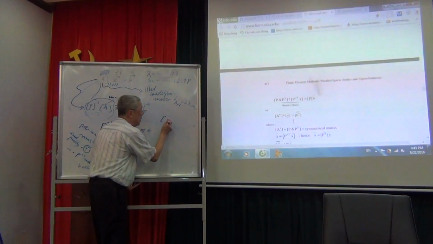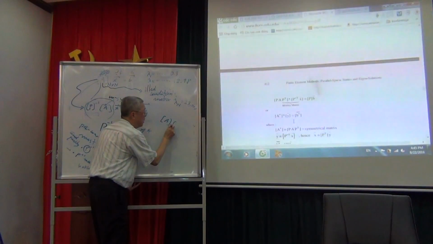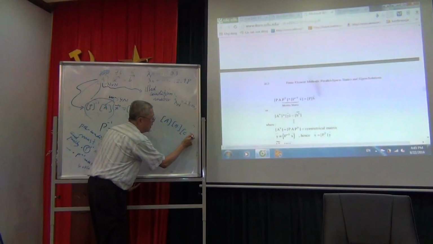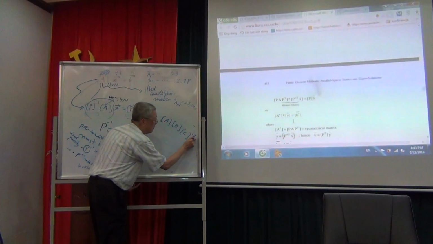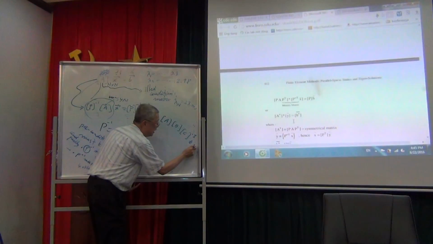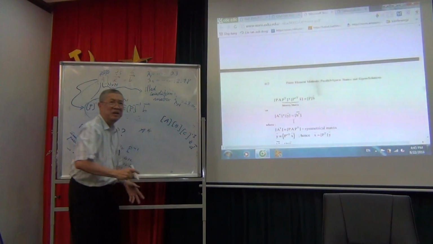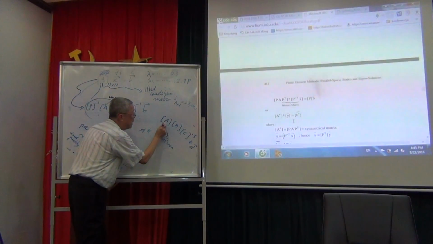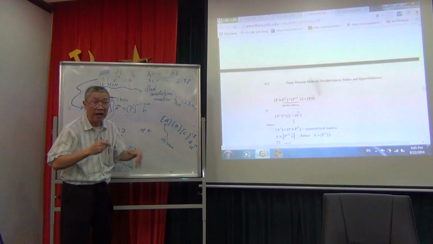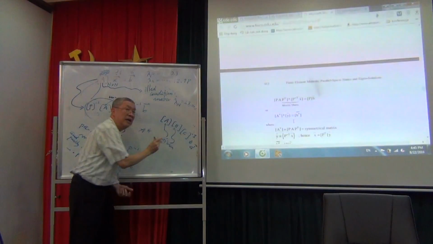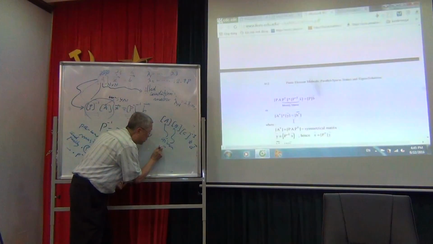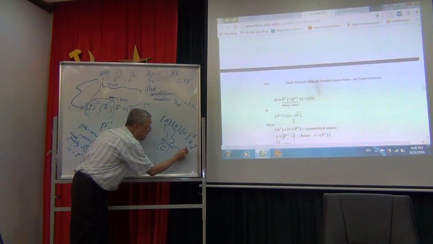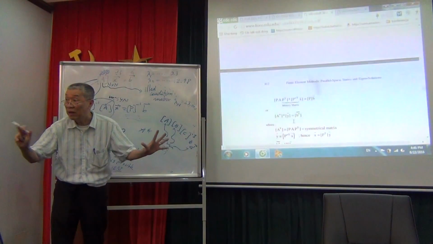Suppose I give you this problem: a matrix A times a matrix B times a matrix C inverse times a vector D. I give you the square matrix A, a matrix B, matrix C, and the vector D. I give you everything, right?